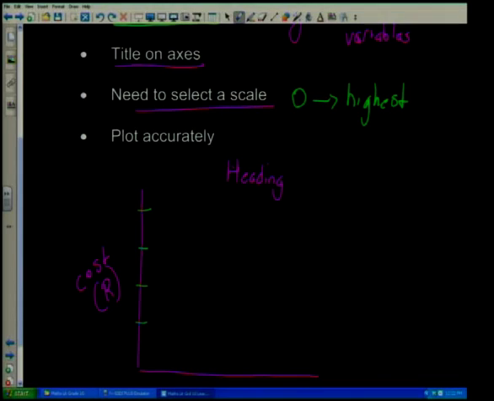And then you're going to take your graph and say, well, okay, if I've split this into 4 values, let's just assume I had 4 blocks, I'm going to take my highest and divide it equally into those 4 blocks. You might need to round up, and you probably will need to round up, and I'll show you an example of this when we do a question.